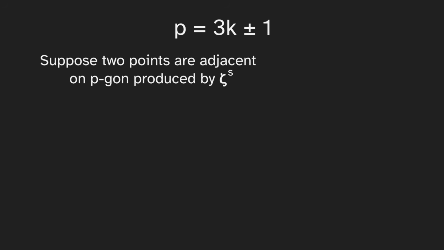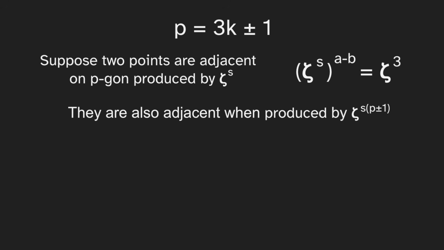Suppose that 2 points are adjacent on a p-gon produced by zeta to the s. In other words, zeta to the s to the a minus b equals zeta cubed. They are also adjacent when produced by s times p plus or minus 1. And we can show that.